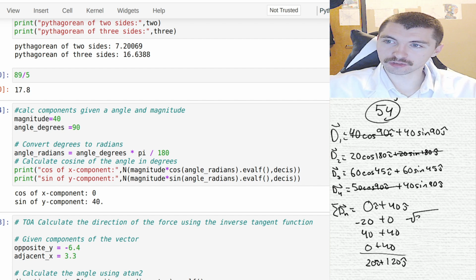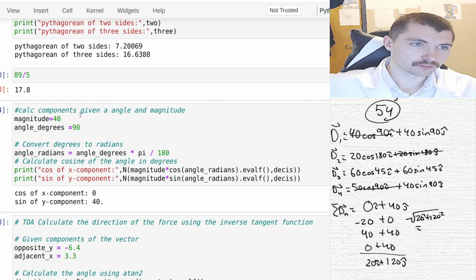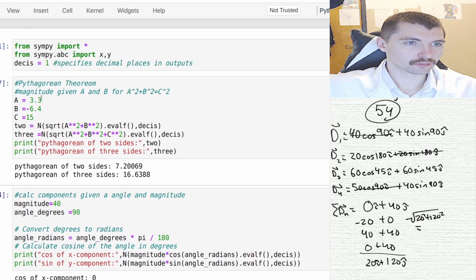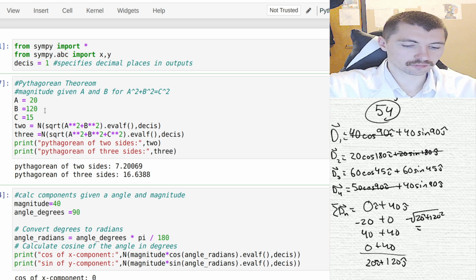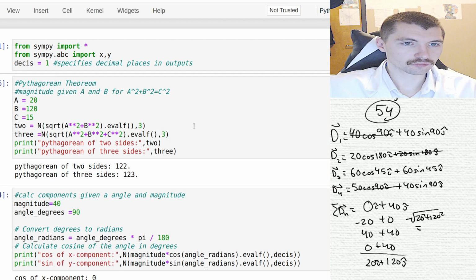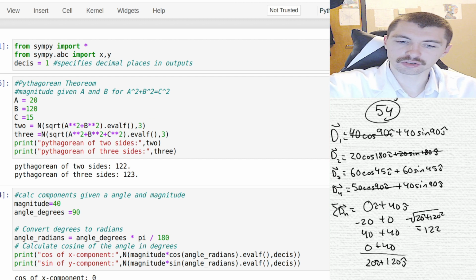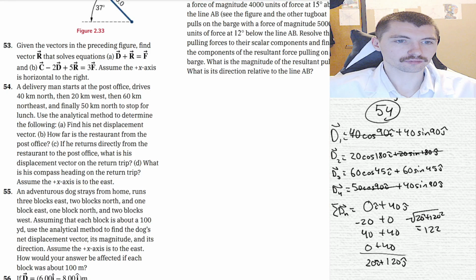So that is square root 20 squared plus 120 squared, 122. So he went 122 kilometers.